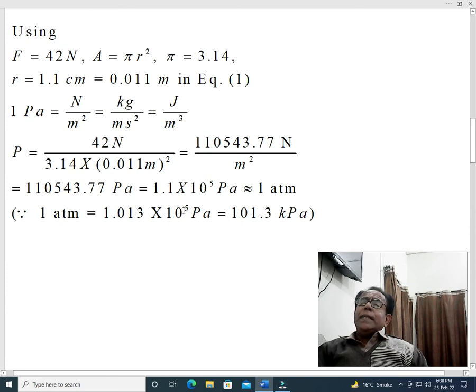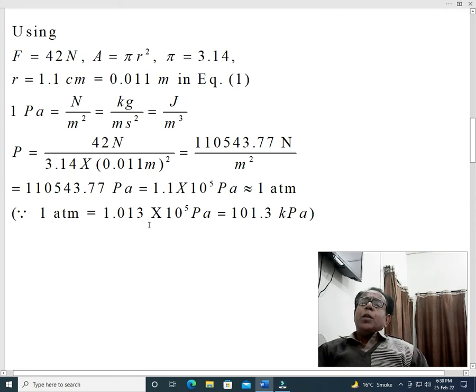If we convert it into 10 raised to the power 3, then 2 power will be multiplied with this and it will become 101.3. Okay, and in place of 10 raised to the power 3, k will be written, because kilo means 1000.